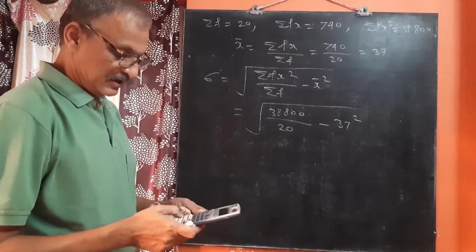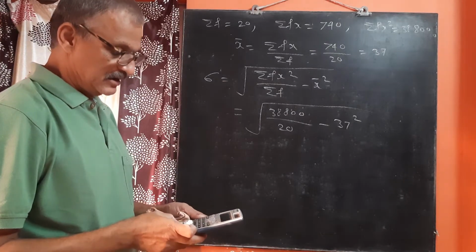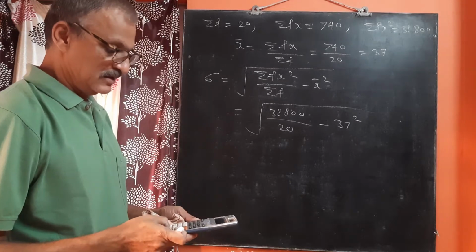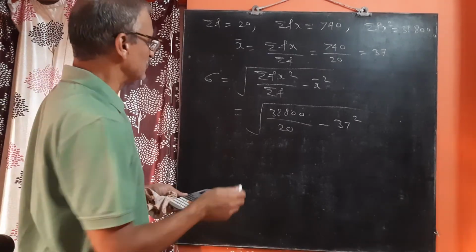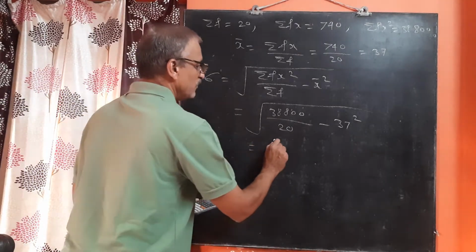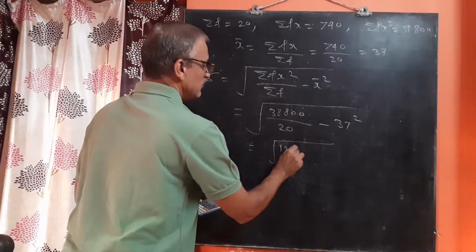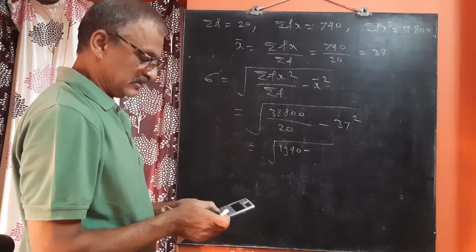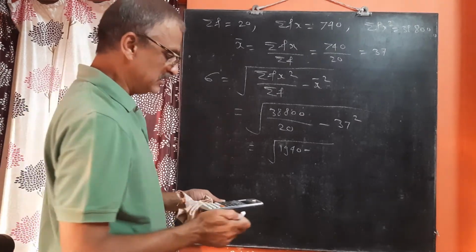So let us calculate it. 38,800 divided by 20 comes to 1940, equals square root of 1940 minus 37 square. 37 square is 1369.